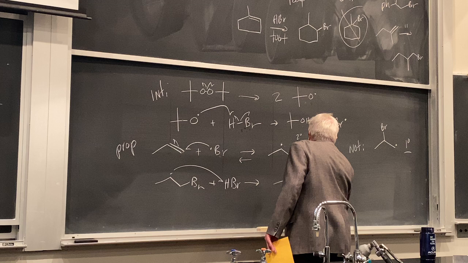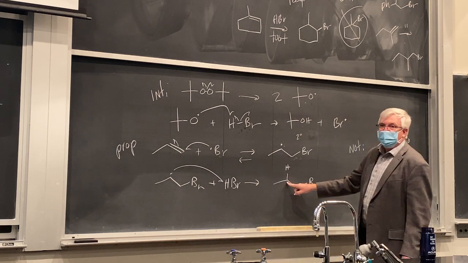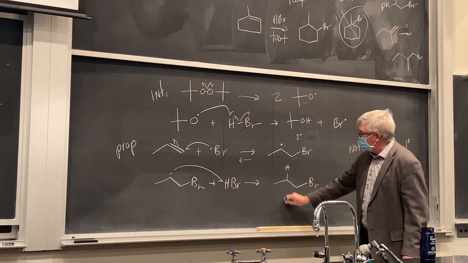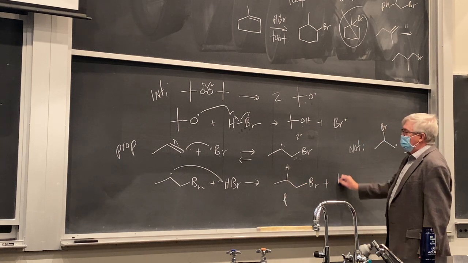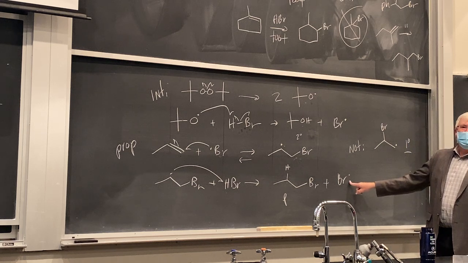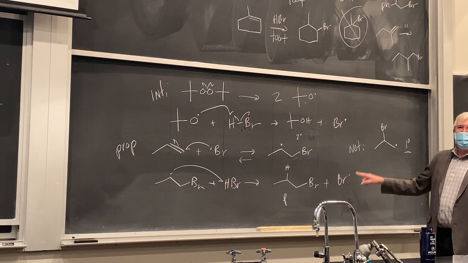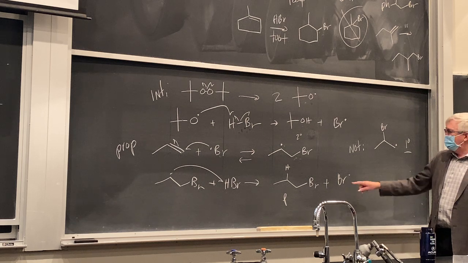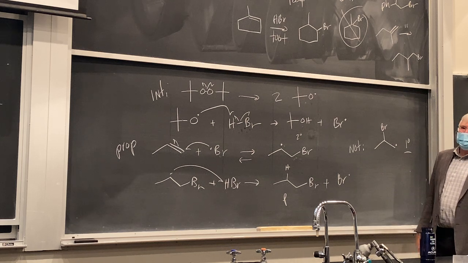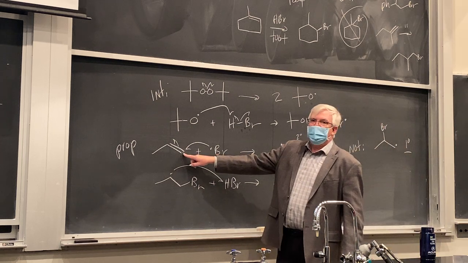That gives us the product. There it is. And there's our hydrogen atom going on that secondary position, the more stable radical position. So there's product. And importantly, what does this also generate? The bromine radical. We call that the chain carrier in this process. Okay? The bromine radical, which we saw, the halogen radical, in alkane halogenation also. So these propagation steps are similar that way, but here we have an addition. We're adding to that.